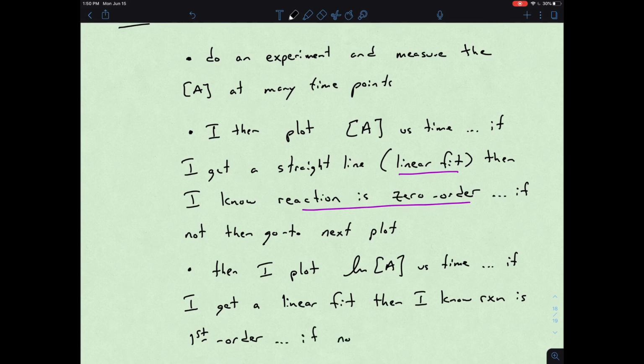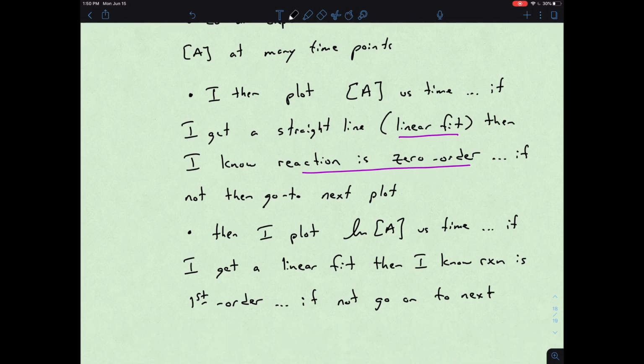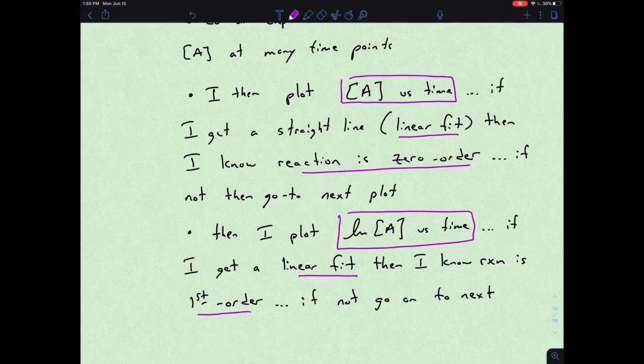If not, go on to next. So it's these plots that we're doing in terms of the linear fit, concentration of A versus time, or natural log of A versus time, right?